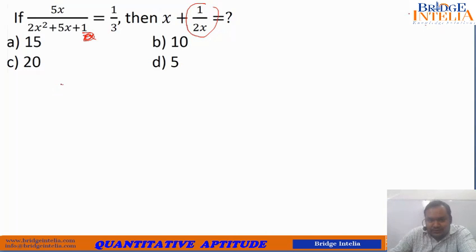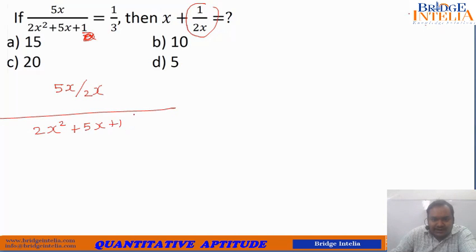If we do so, what do we get? We get 5x divided by 2x, whole divided by, this time dividing the denominator as well by 2x, and this is equal to 1 by 3.